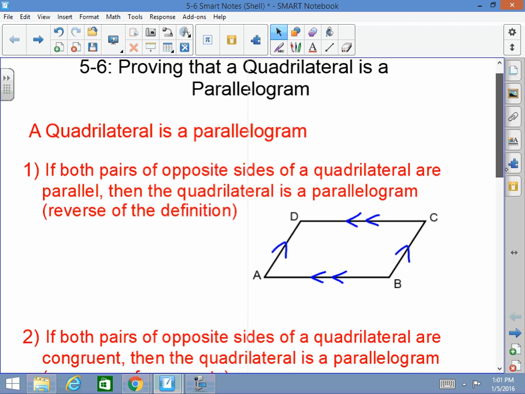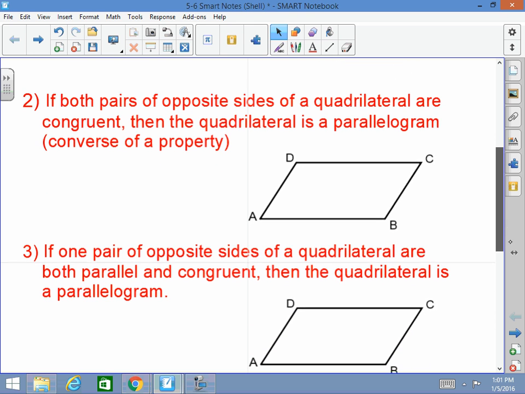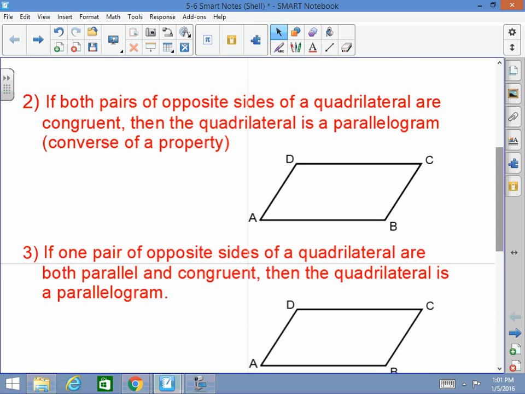Okay. Number two, if both pairs of opposite sides of a quadrilateral are congruent, then the quadrilateral is a parallelogram. It's the converse of the property. In this particular case, again, you may say, Mr. Morrow, that's a rectangle. No, it's not.